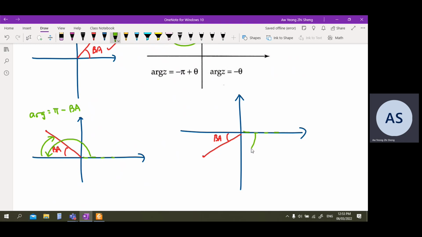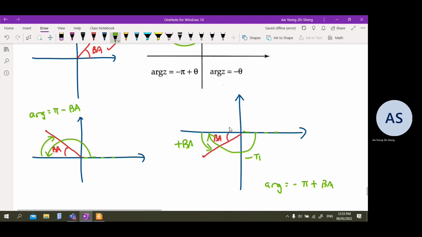We measure in the negative direction, but you have to add back the basic angle. So you go minus pi and you plus the basic angle. The argument here will be minus pi plus theta, or minus pi plus the basic angle. That's what the guideline says there.